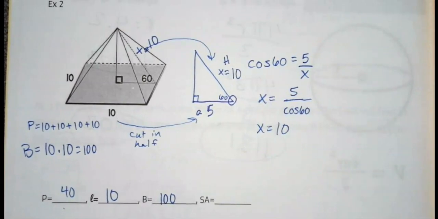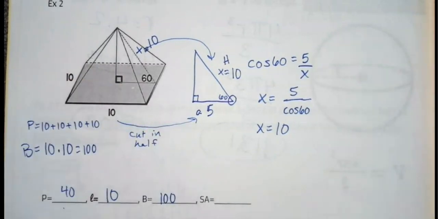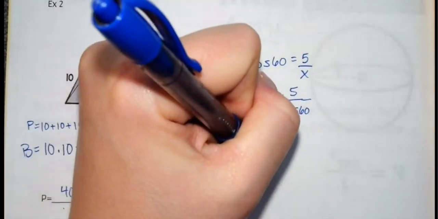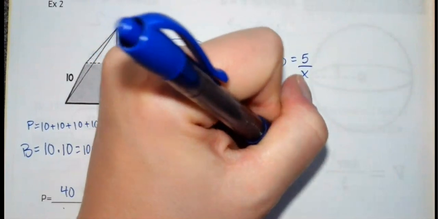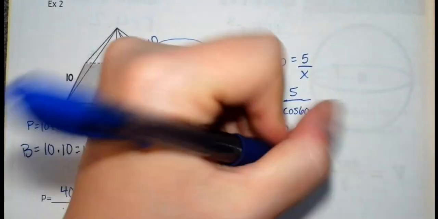They won't always be this easy. I'm actually going to do one of them on the assignment with you so that you see one that's a little more challenging. And then the surface area is just, hey, can we plug this into the formula? Which, yes, we can. So my formula is PL over 2 plus B. So let's plug these 3 numbers in.